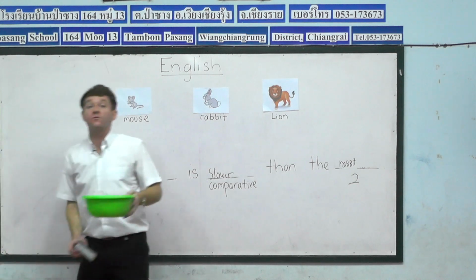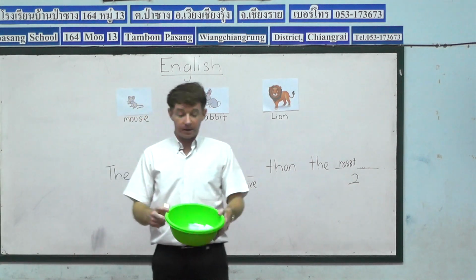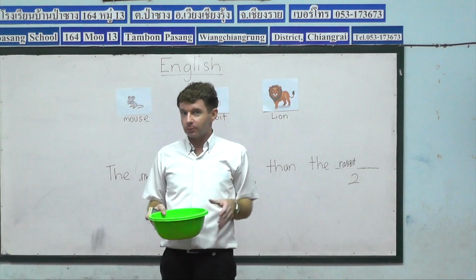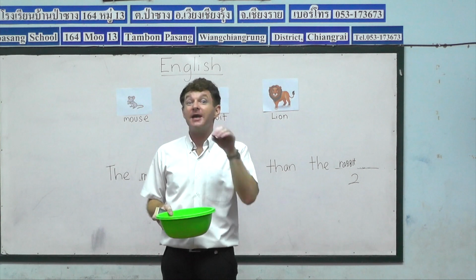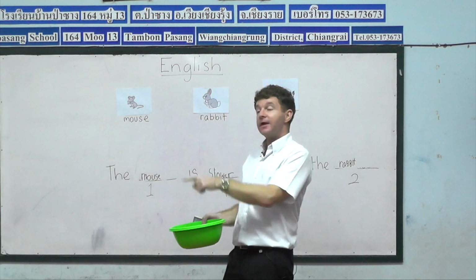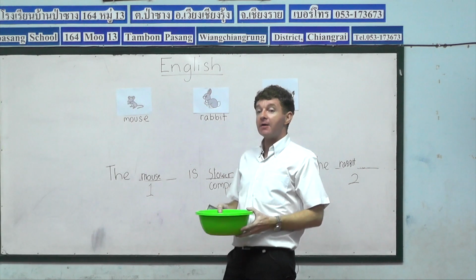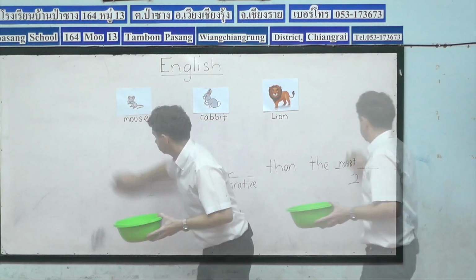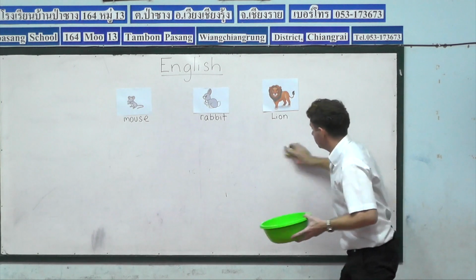And then you can place all the words folded into a bowl. And we're going to have some of our students come forward, choose a word, and then they have to show that word and change it into its comparative on the board. So let me clear a space so that you can write on the board.